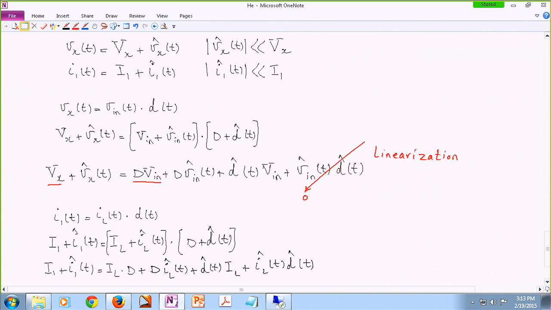And in a similar way, I just assume that this last segment is almost 0 or negligible because I'm linearizing the system basically.